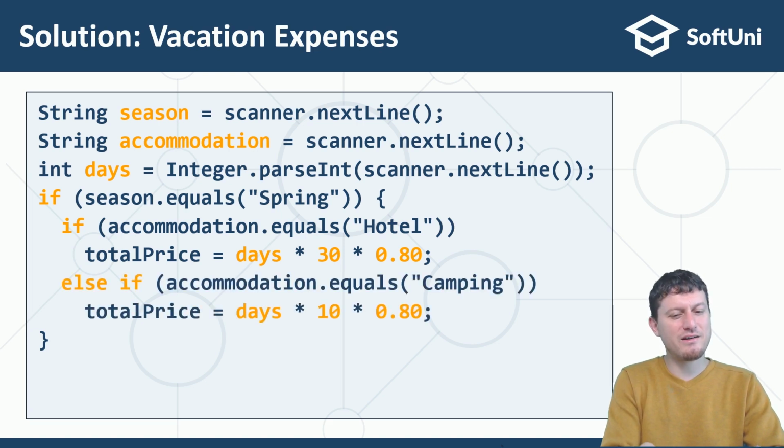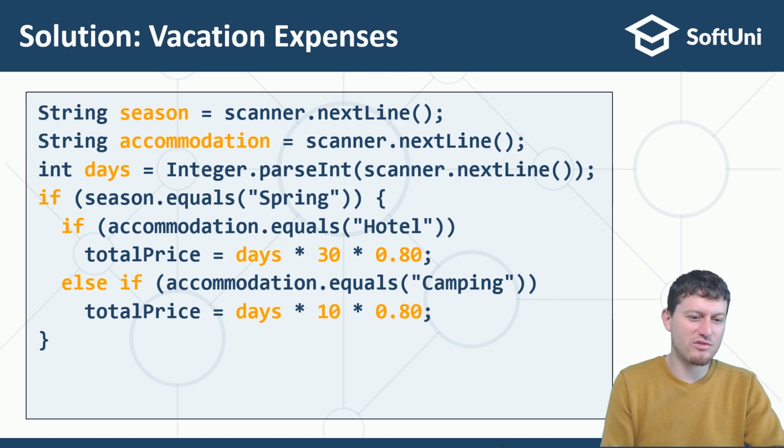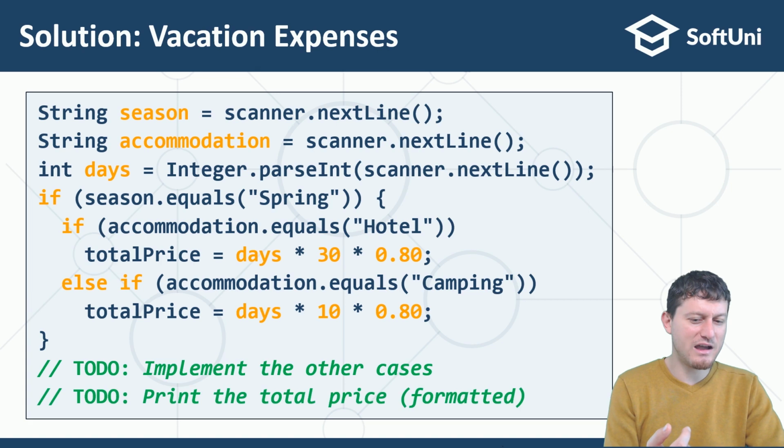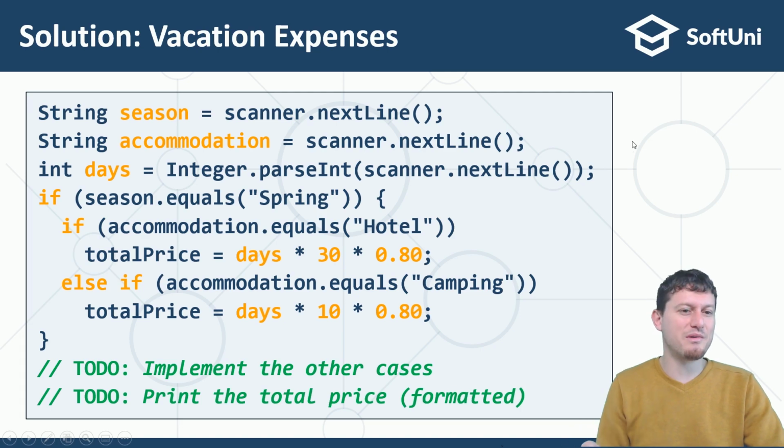And later, if it is camping, I do similar calculation. I do the same for summer, for autumn, and for winter. And finally, I print the total price formatted as it is expected by the problem statement.